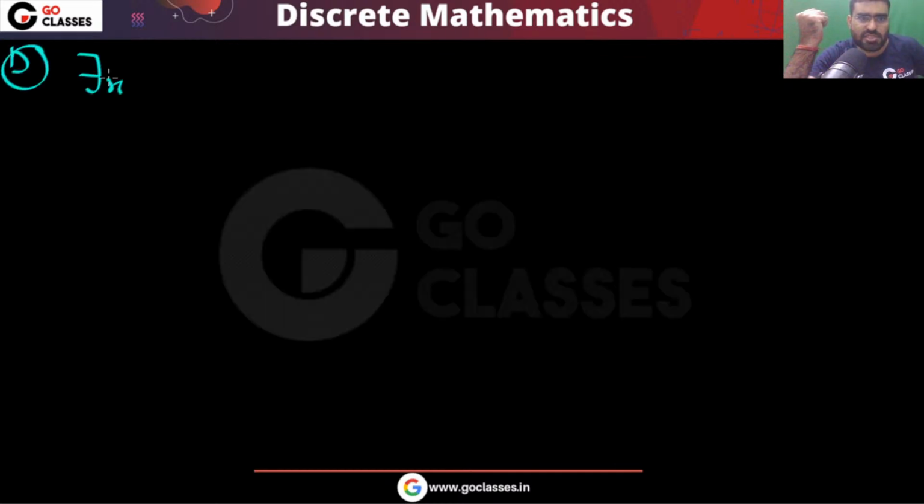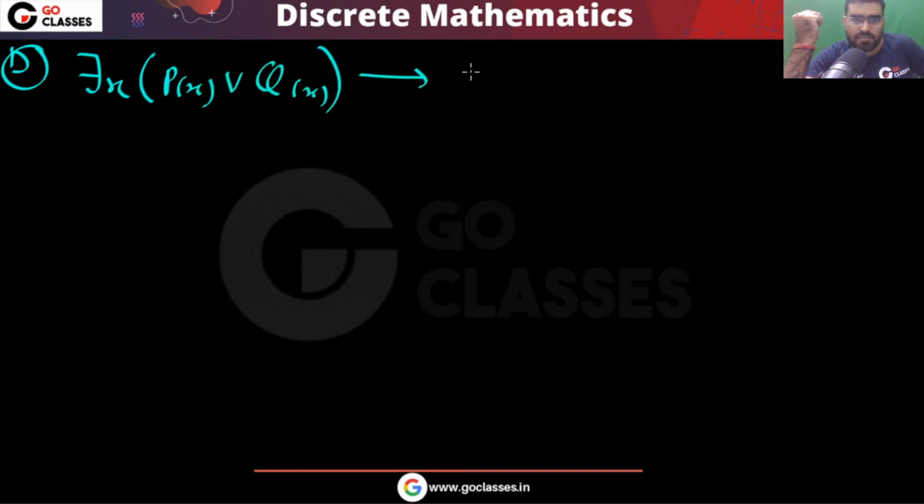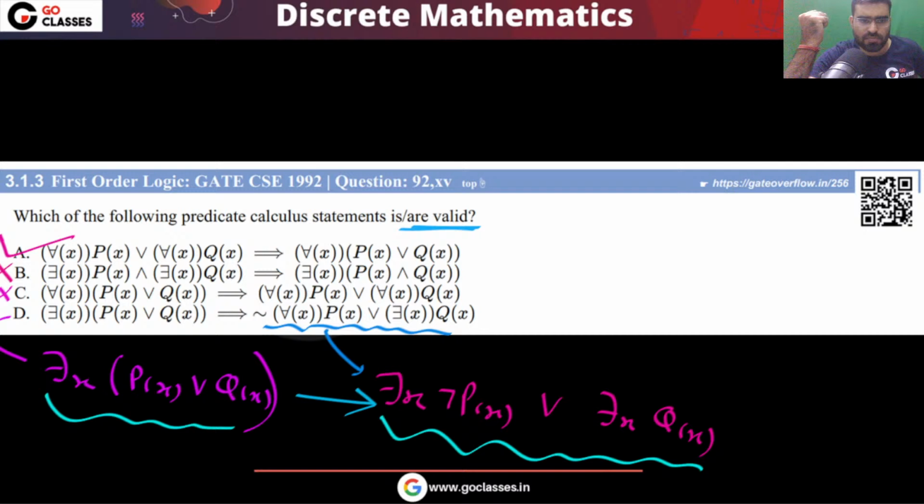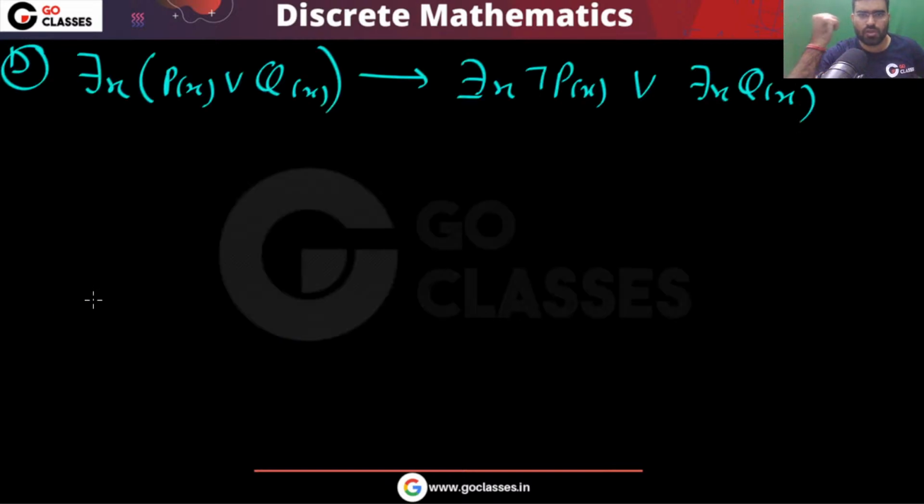This is your existential quantifier Px or Qx implies existential quantifier negation Px or existential quantifier Qx. Let's see this. Can we solve this question? So let's see whether it is valid or not. Let's check.